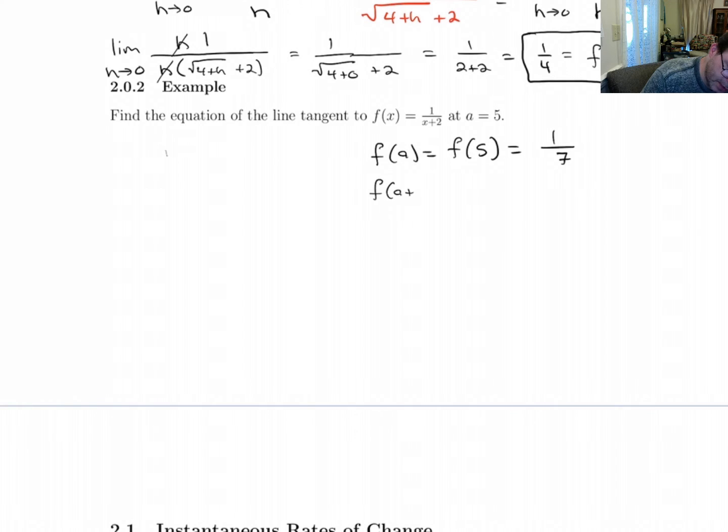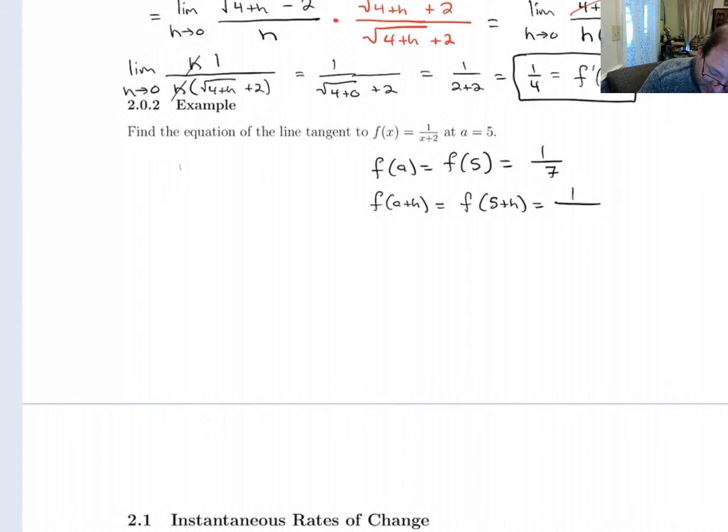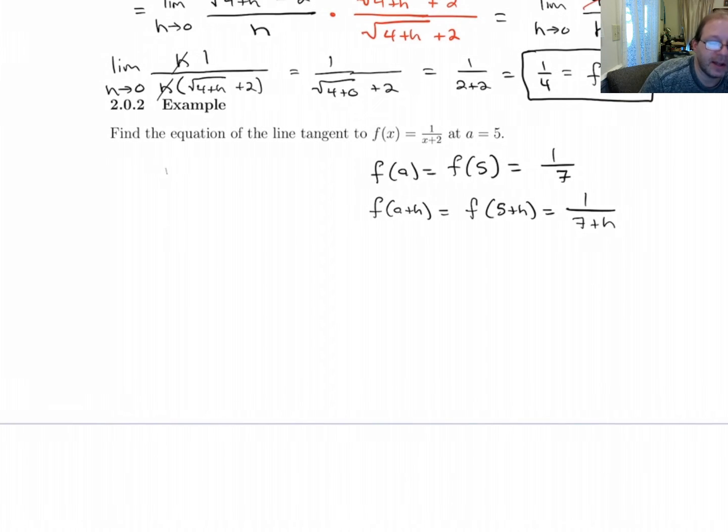F of a plus h is f of 5 plus h. If I put 5 plus h in place of x, I get 7 plus h. So I can take that and plug it all into my formula.